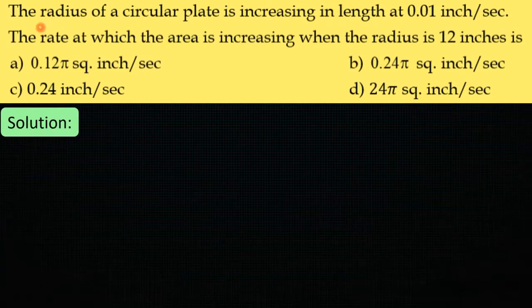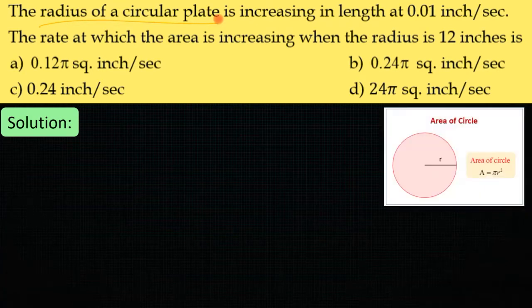Given the radius of the circular plate, that is, in a circle, the radius is increasing in length at 0.01 inches per second. That is, given dr by dt is equal to 0.01.